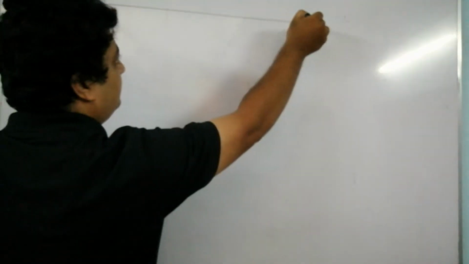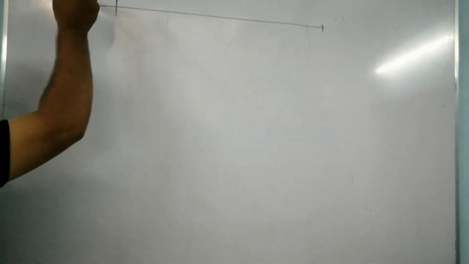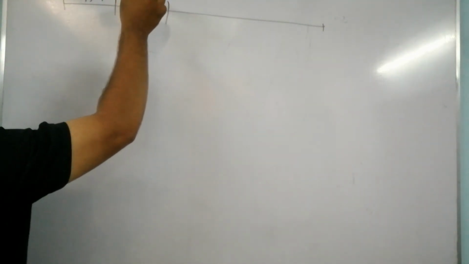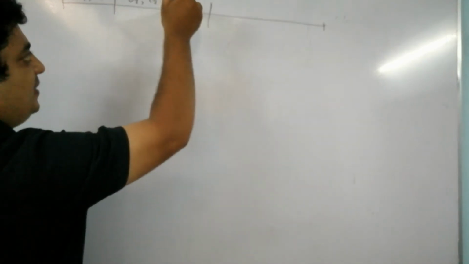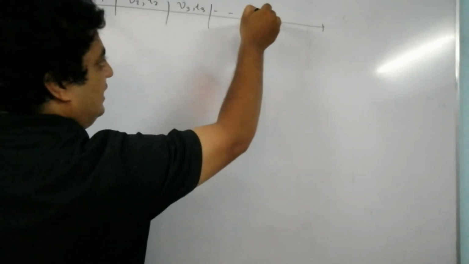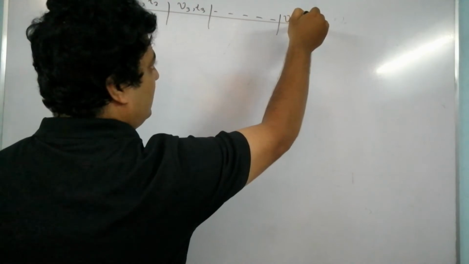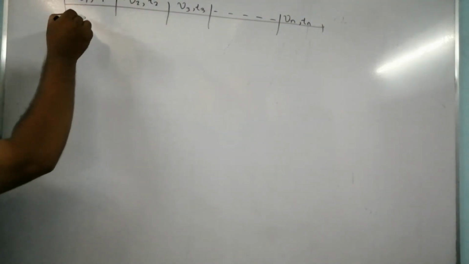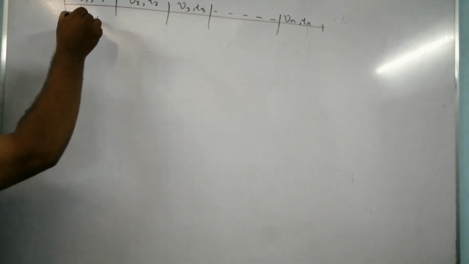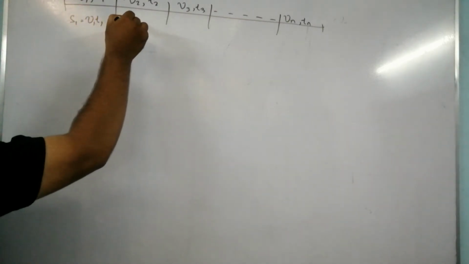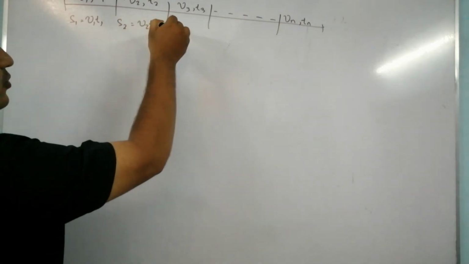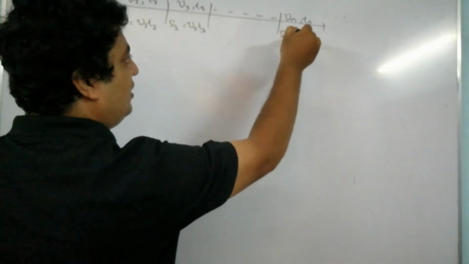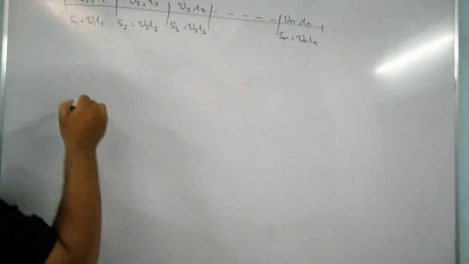Consider a particle moving with speed v1 for time t1, with speed v2 for time t2, with speed v3 for time t3, and like that with speed vn for time tn. Now in time t1 it will cover a distance equal to v1 t1, like that s2 will be equal to v2 t2, s3 will be equal to v3 t3, like that sn will be equal to vn tn.